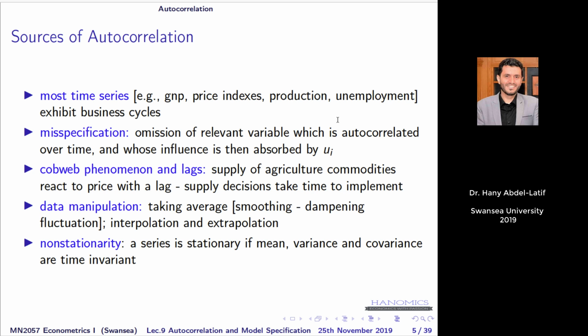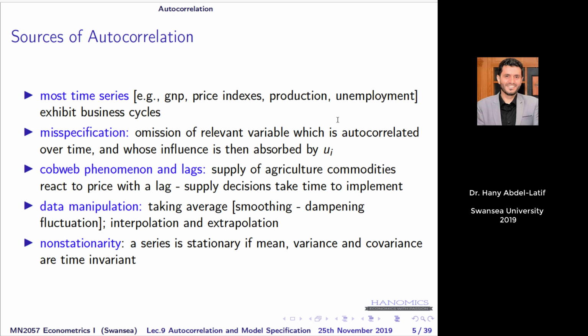So if you drop a variable that is important, that is relevant, then the effect of this variable is actually captured by your errors, and that causes the errors to be correlated. Okay, so this could be another reason, because of misspecification or a specification error, something that we will discuss in more detail in the second part of this lecture.